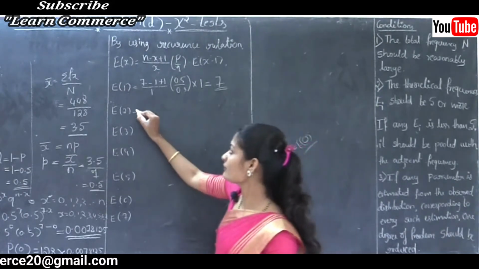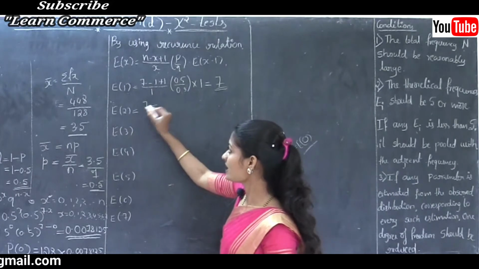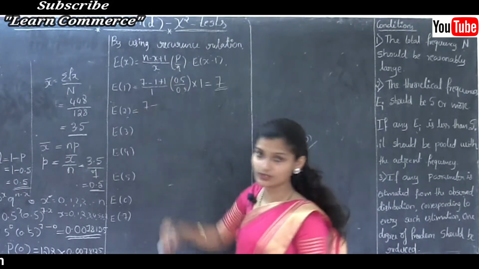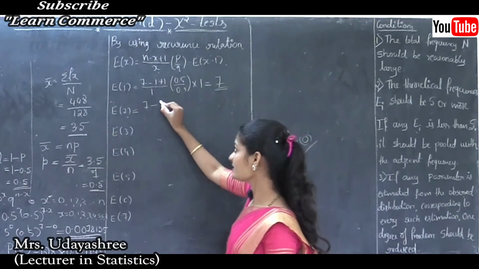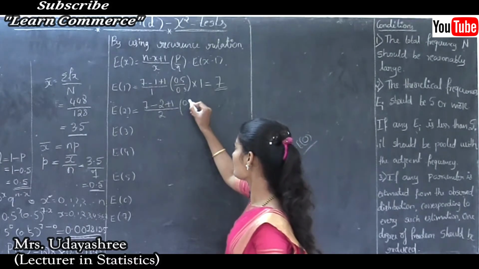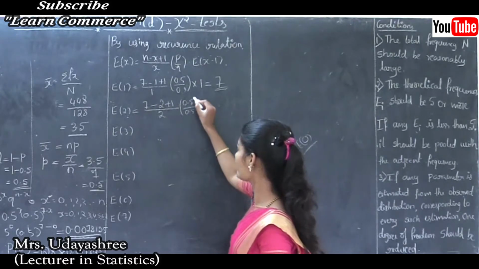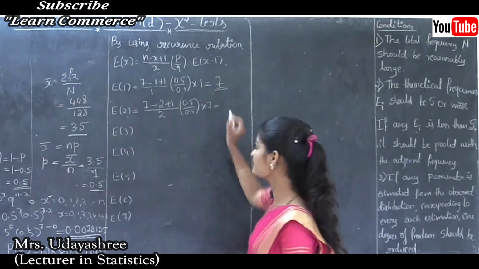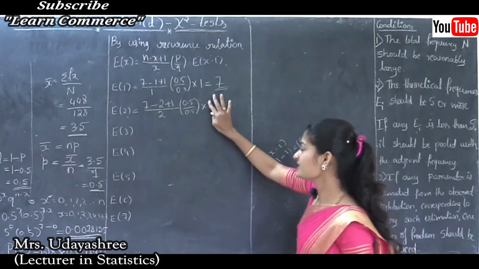Then what is E of 2? That is 7 minus 2 plus 1 divided by 2, into 0.5 divided by 0.5, into 7. Why is it 7, students?